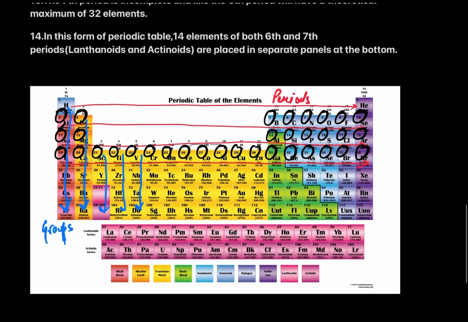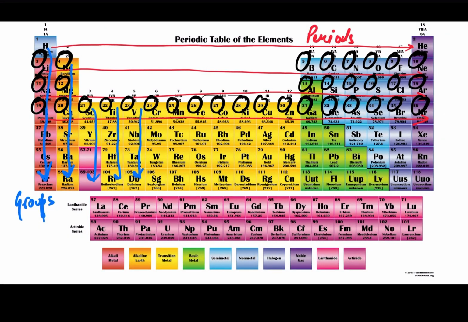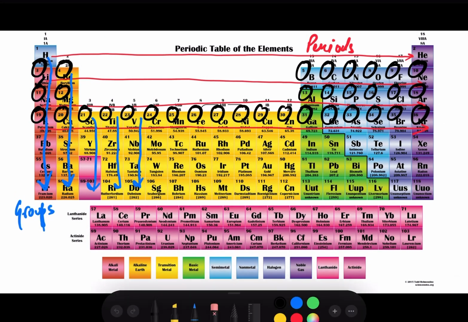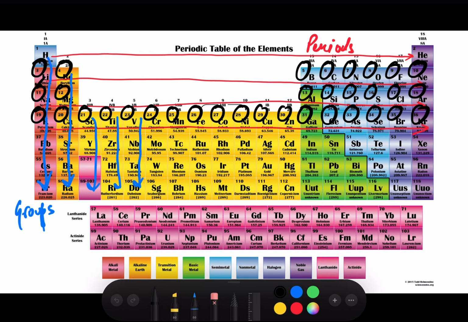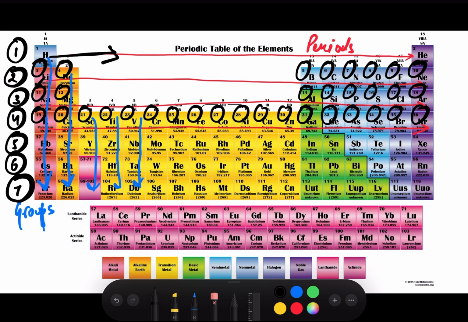Let's come back to the periodic table. Firstly, here you can see how many periods are there. That's the period number 1, the horizontal row. Period number 2, period number 3, period number 4, period number 5, period number 6, and finally period number 7.